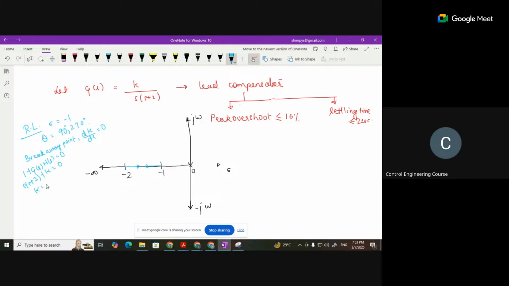So K is equal to minus s squared minus 2s, or dK by ds is equal to how much? Minus 2s minus 2, equal to 0. So s comes out to be -1. Okay. Right. So breakaway point is also going to lie at -1, centroid also at -1, right?